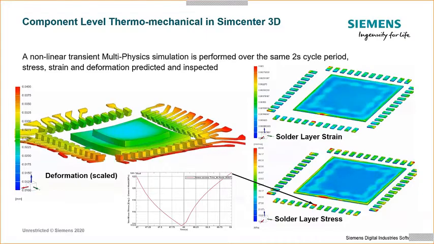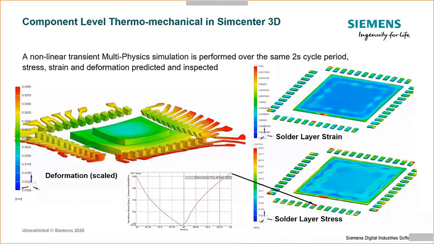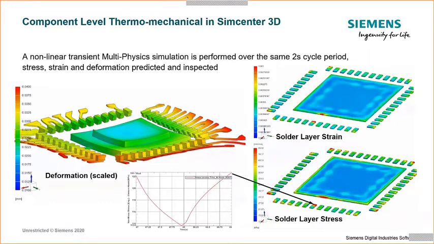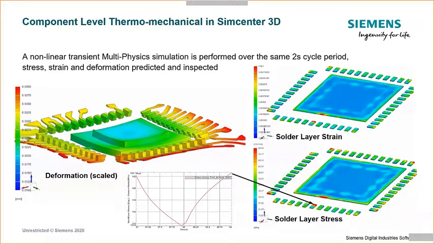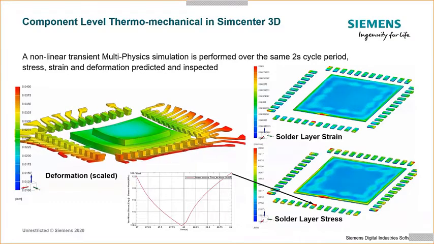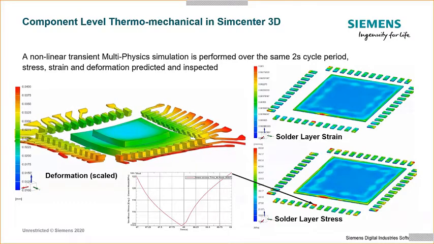And it's this strain energy that can be used in cycles to percentage failure prediction models, which is another value output from such a thermomechanical simulation, as well as identifying which solder ball or pad in this case exhibits the biggest stress and strain.